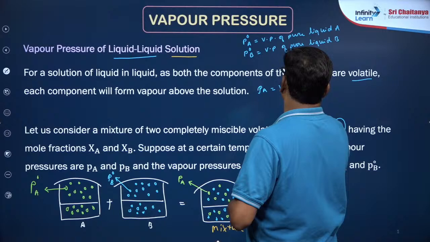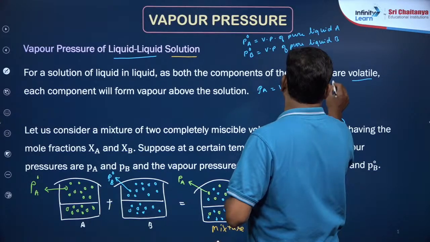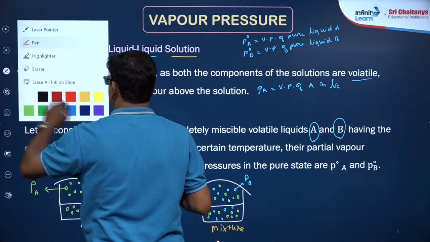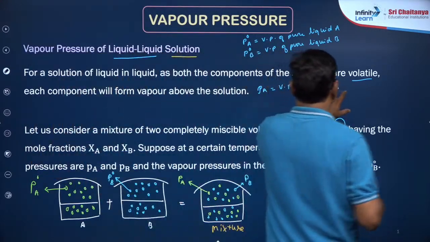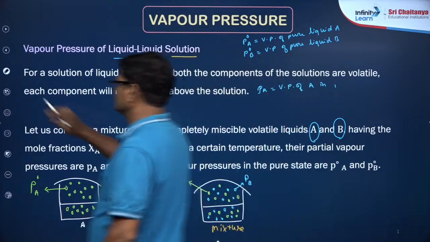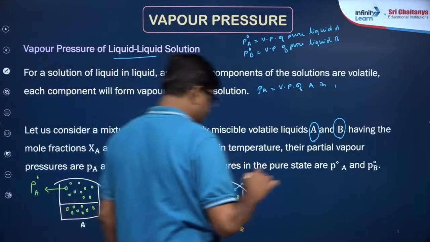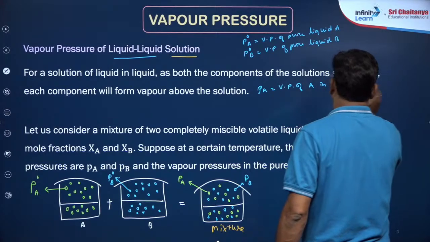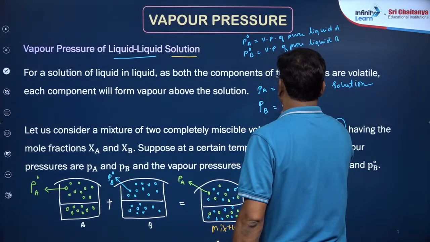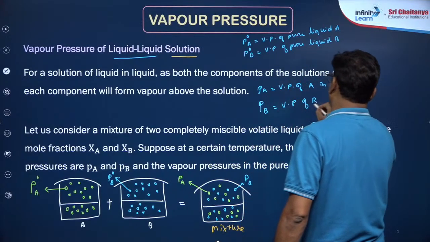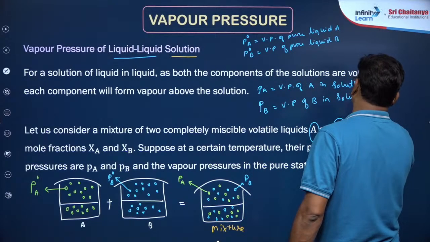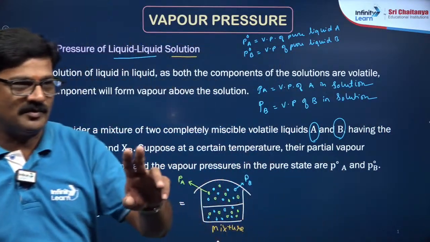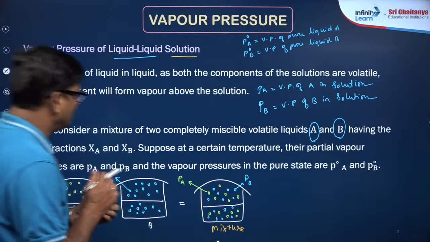So vapor pressure of A in liquid, in solution. PB is vapor pressure of B in solution. That is the difference between this and this. Now you got Pranav?